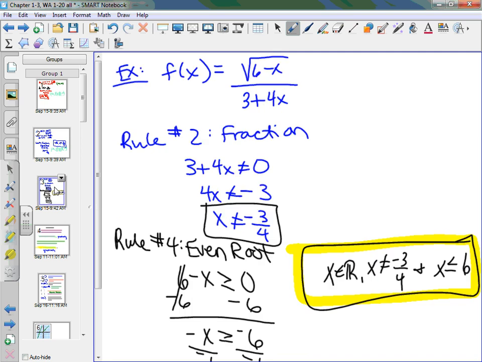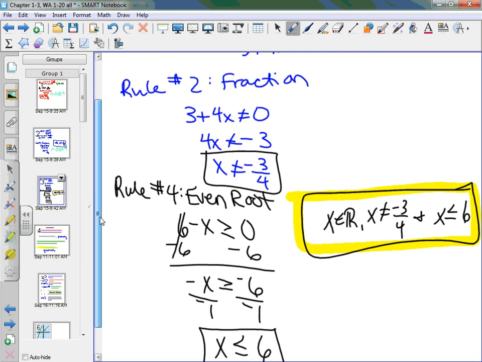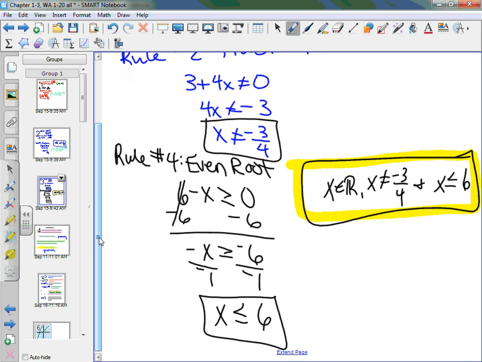Okay? This one's going to be fun. x is an element of the reals. x cannot equal negative 3/4, and x has to be less than or equal to 6. So what's the smallest number? Negative infinity. Okay? Do I have any holes? Negative 3/4. So I stop at negative 3/4. Can it be it? No. So open or closed?